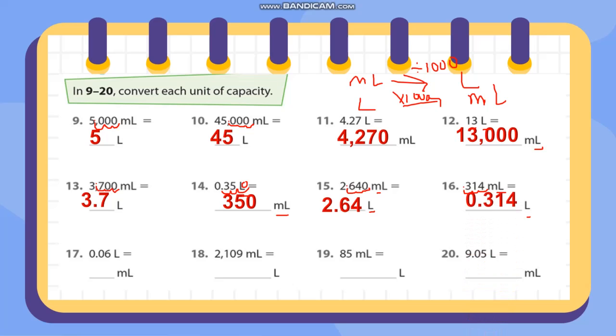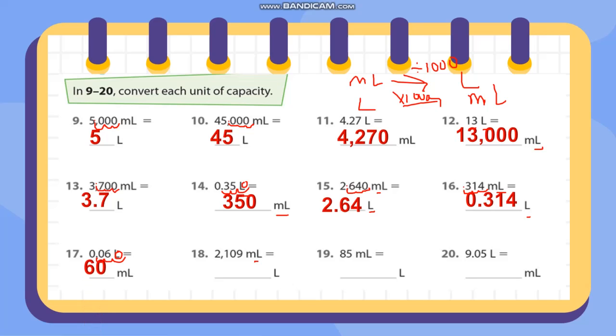Then 0.06 liter to milliliter, that is multiplied by 1,000. So we need to add 0, so the answer is exactly 60 because we moved already the decimal to the end.